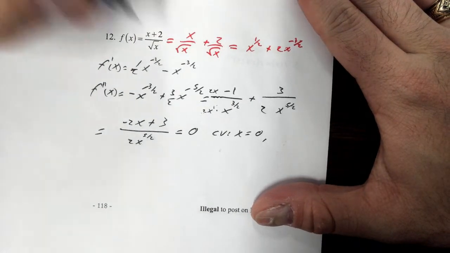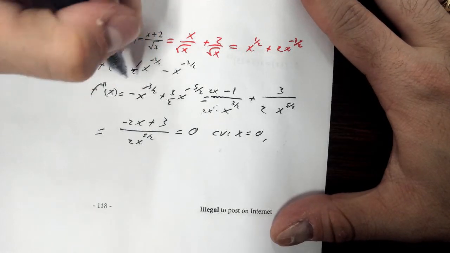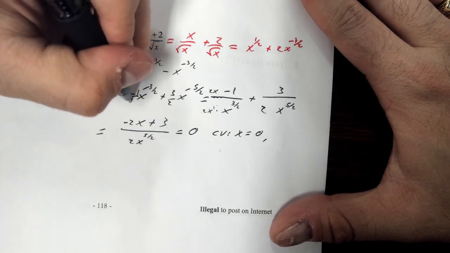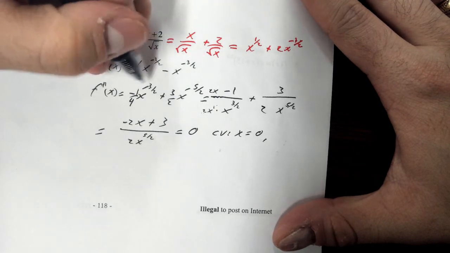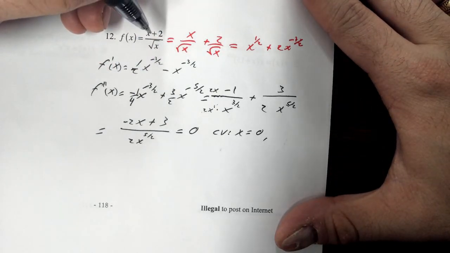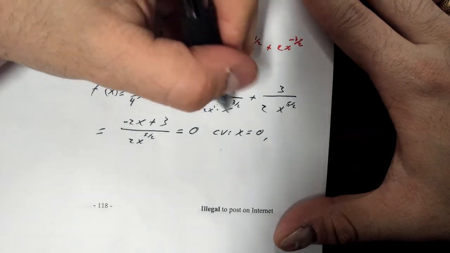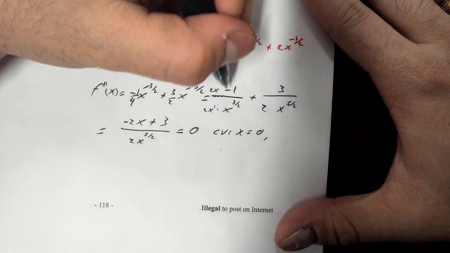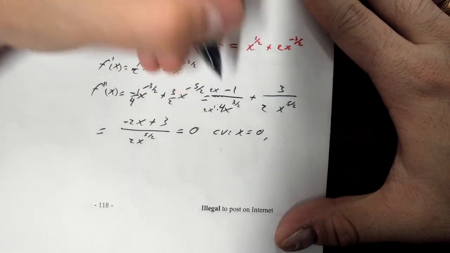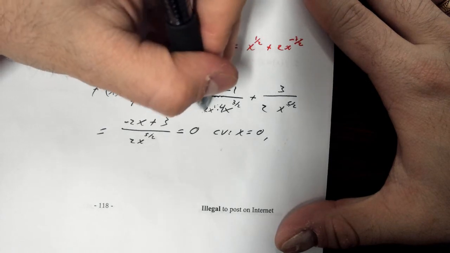So I made a mistake over here. Negative 1/2 times 1/2 should have given us a 1/4 right there. Which would have meant we would have had a 4 right there. So we did not need to multiply this fraction by 2.